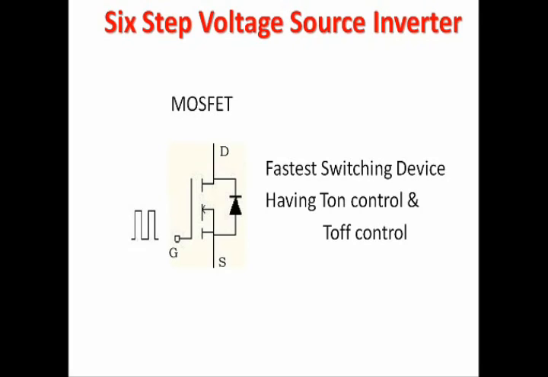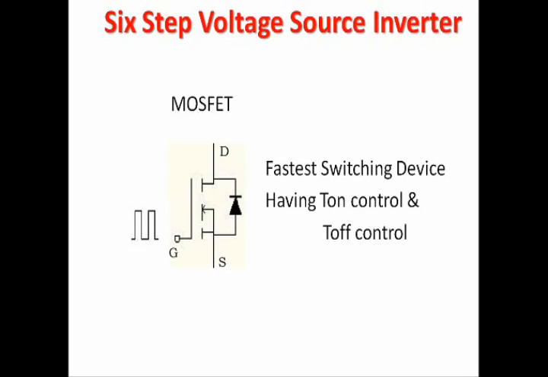which means the SCR is a semi-controlled switch. We can only turn on the SCR. We cannot turn off the SCR with the gate pulse. While with the MOSFET, we can turn on and turn off with the help of a gate pulse. For inverter operation, fast switching is very important here.